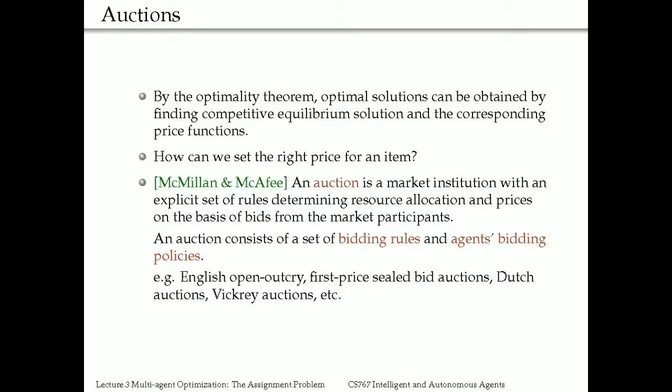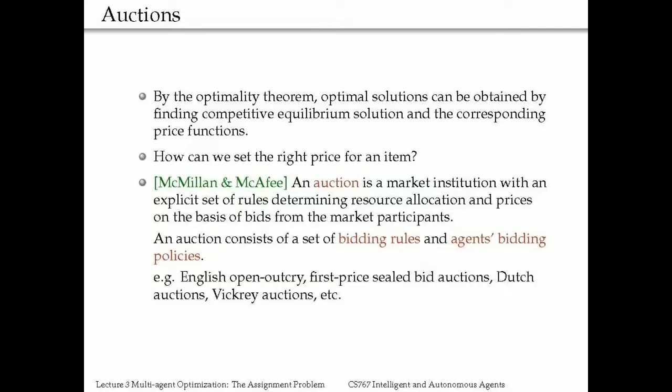Right? So what we'll do is study how we implement an auction. An auction is a market institution with an explicit set of rules to determine resource allocation and price on the basis of bids from the market participants.